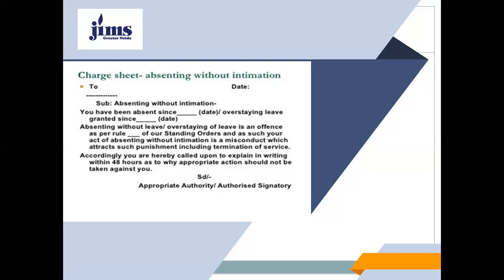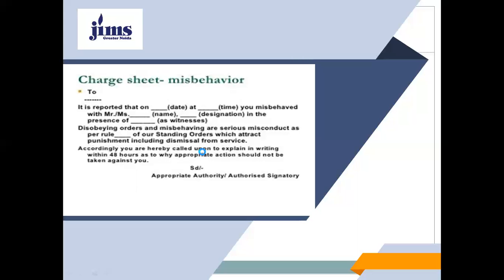You will mention the date when you are issuing the charge sheet, and the subject also: absenting without intimation, and you have been absent since such and such date, or overstaying leave. So in that way, you would be following the format, as I have already told you. Absenting without leave or overstaying of leave is an offense as per this rule under the standing order. So again, you would be following this format.